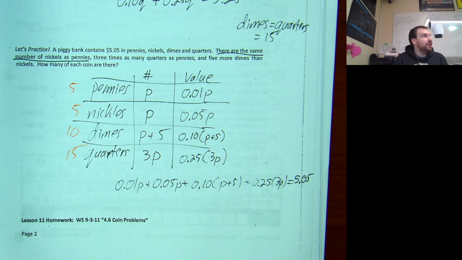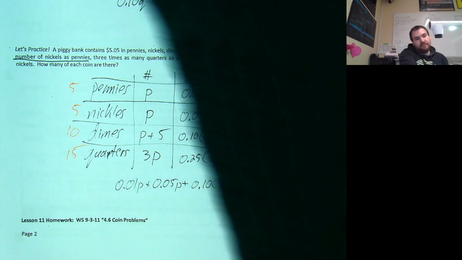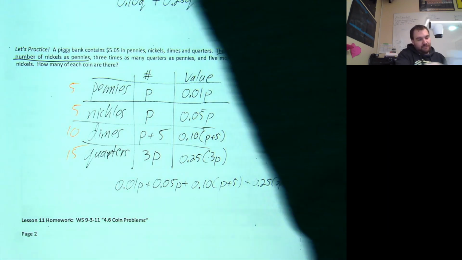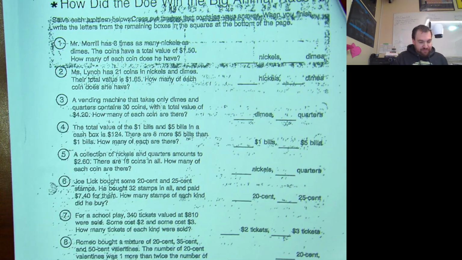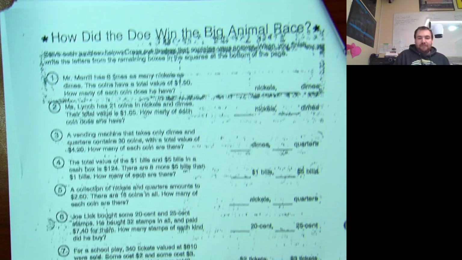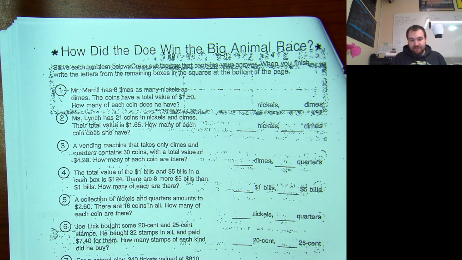Here is what I want you to do. Flip the page, and you will see there are 2 things here. This one says, how did the doe win the big animal race?